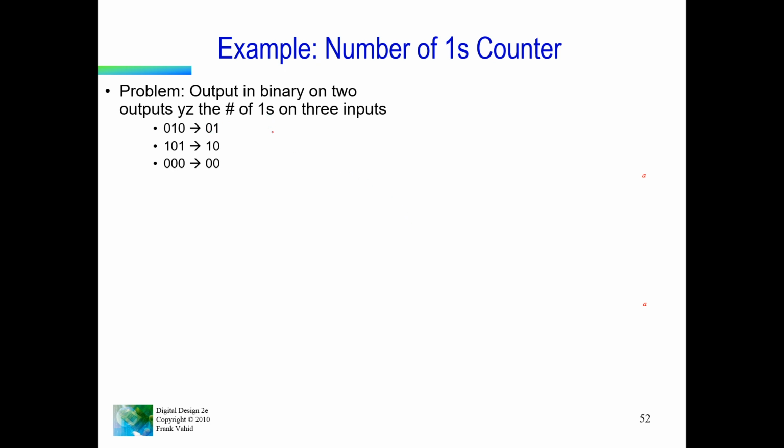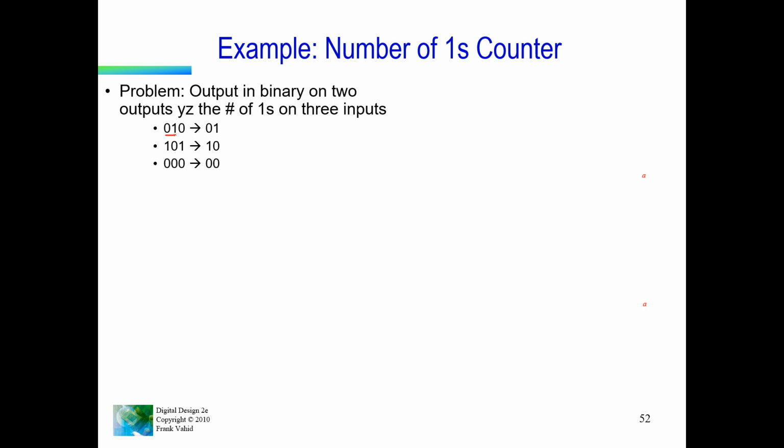Now let's think of another case. In this case, we have 2 bits of output and 3 bits of input. And we want to see the number of ones inside our input.